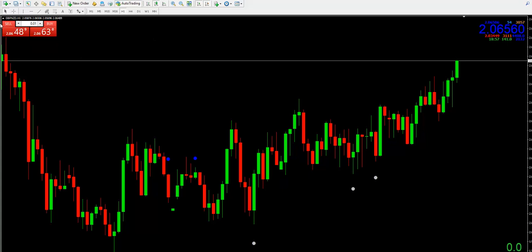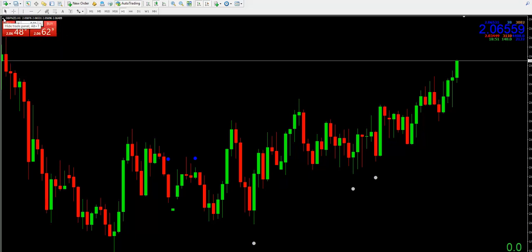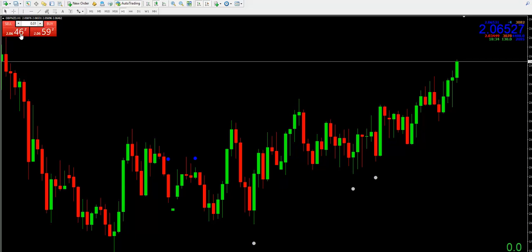Another way you could take this off is to click at the little white triangle there. You have to be careful you click on the little white triangle, because if you mistakenly click on the body of this box, you'll be entering a trade accidentally.